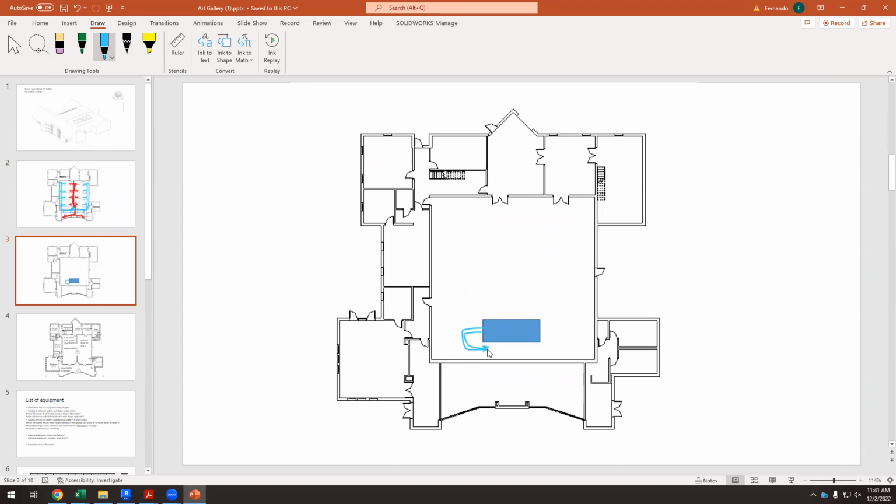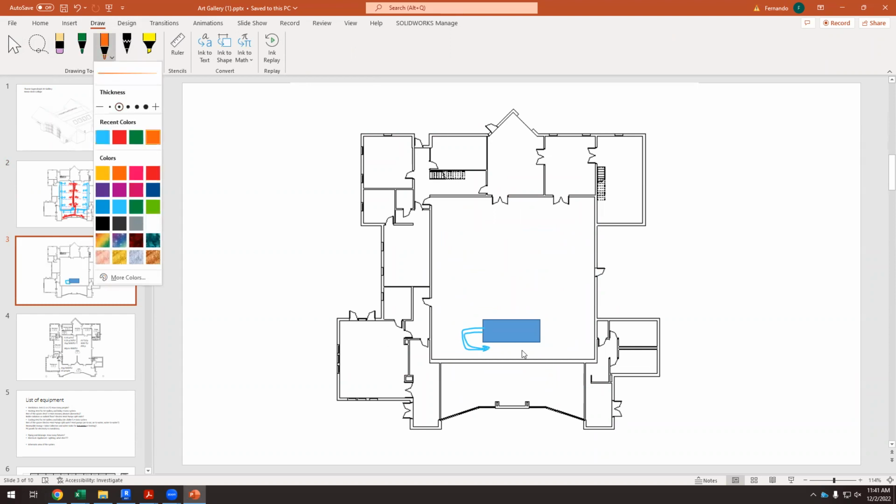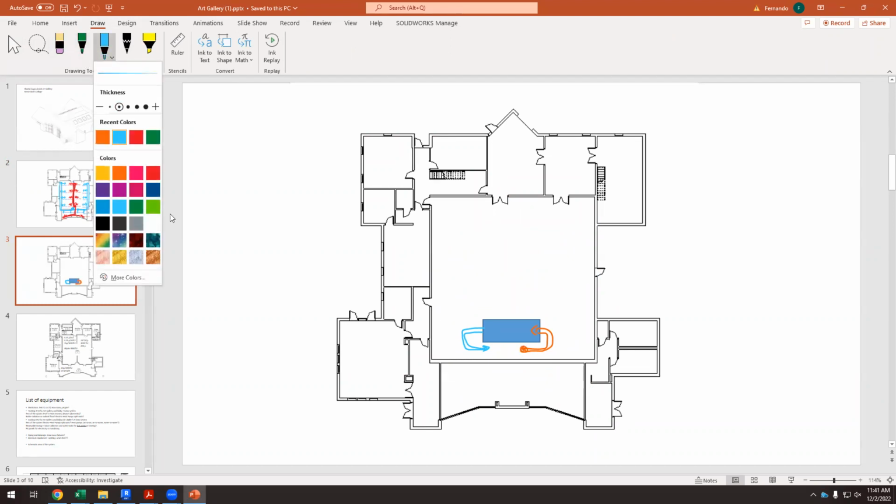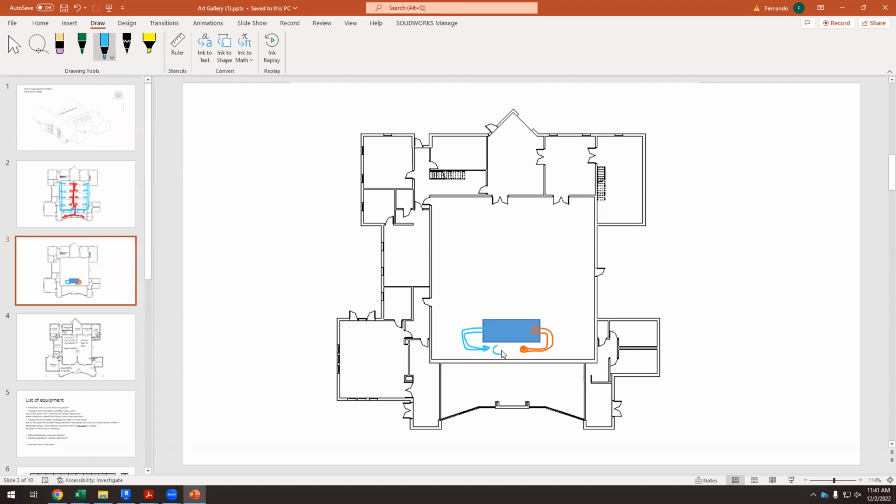These are the supply air ducts, and then I can have the return air ducts here. And here we have the vertical one for return, the vertical one for supply.